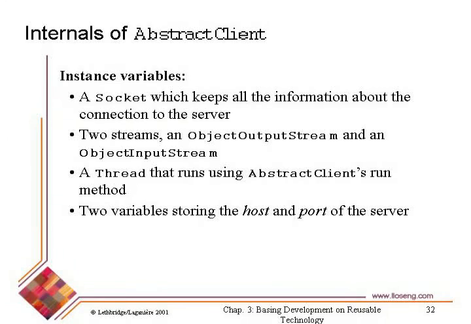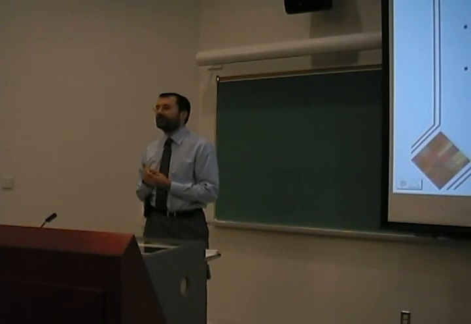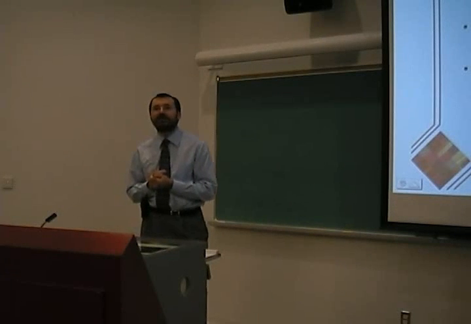You go look, you see that loop, that run method. If you wanted, I encourage you to look at abstract client and its implementation. Understanding the implementation of it will give you a better understanding of how client-server systems work from the internal perspective. Okay, so take a look at that code. By the time, say, the midterm comes around, it would be very advantageous for you to have had a thorough understanding of it.